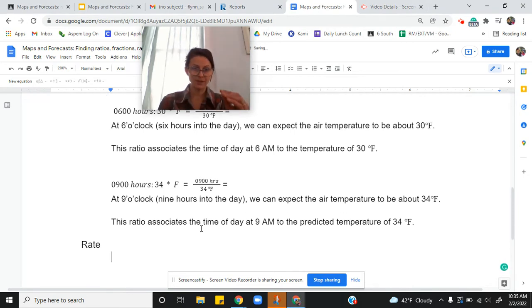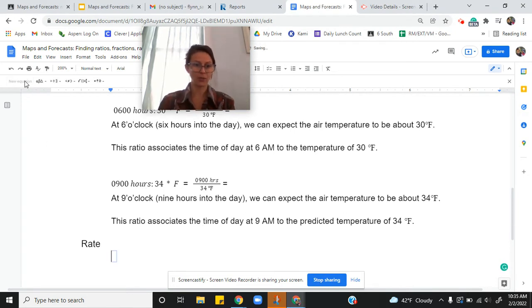So the rate. Now we can go back to our new equation. We're trying to get to a rate because we've already recognized that the ratios at these stagnant moments in time don't give us information about what's coming before or after. It's just this moment in time, right?